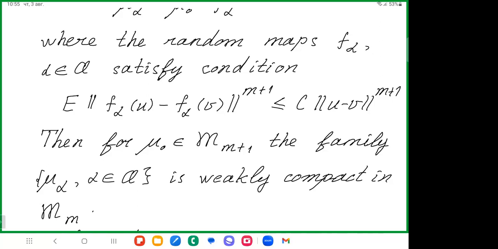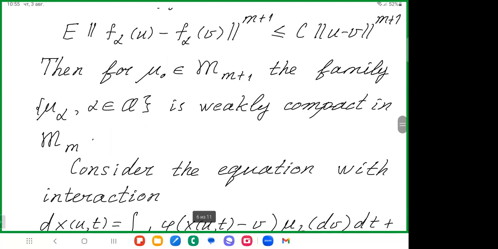This is the explanation why we do not have a different power in the right part. Because if we consider the smoothness with respect to t, of course, we will have very different inequalities.